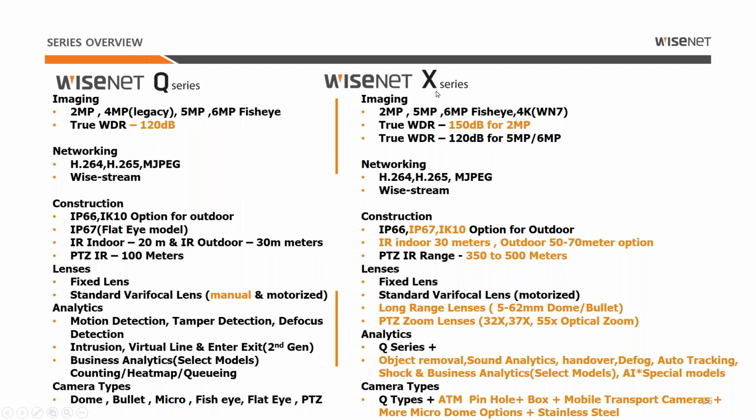You will have X because X has either higher WDR or higher IR range or higher lens, so more zoom you can get compared to Q.